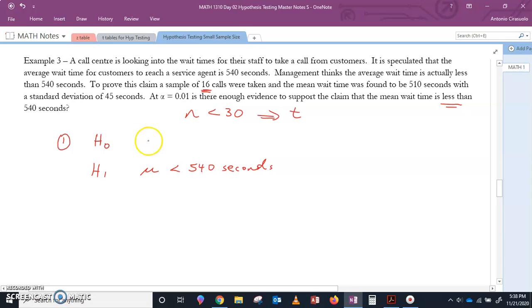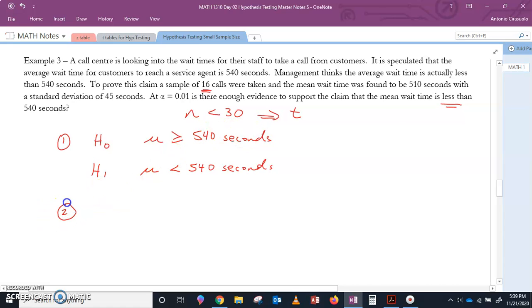Which means then that in this case, the null hypothesis is greater than or equal to 540 seconds. Okay, so that's our first order of business.